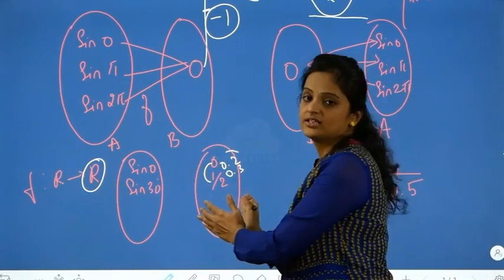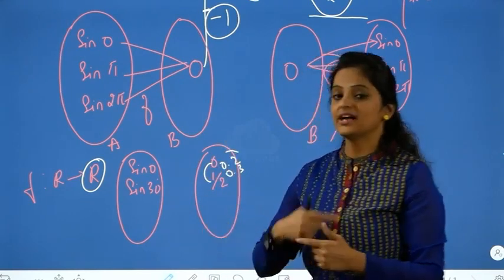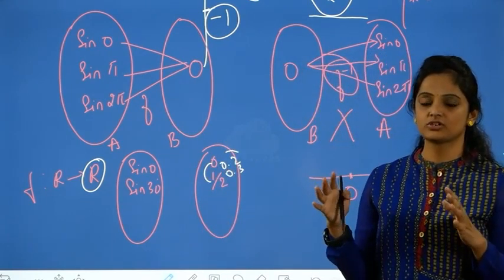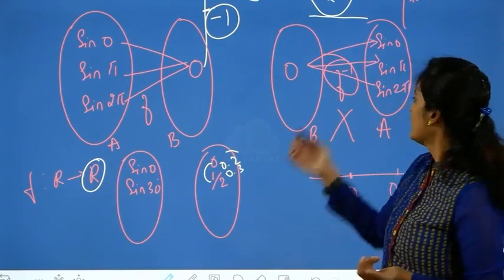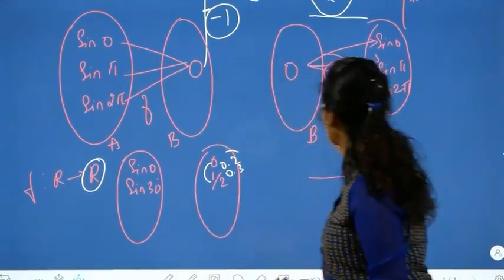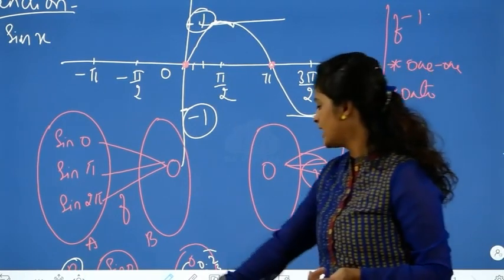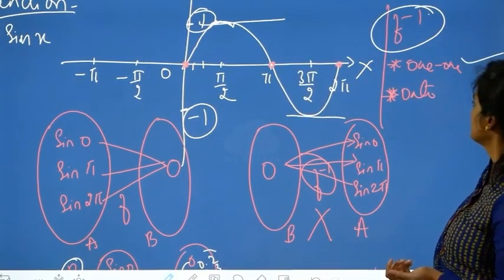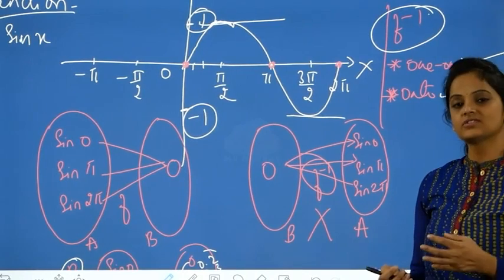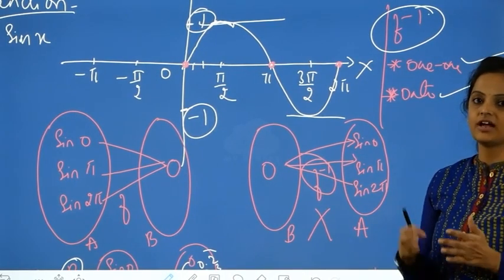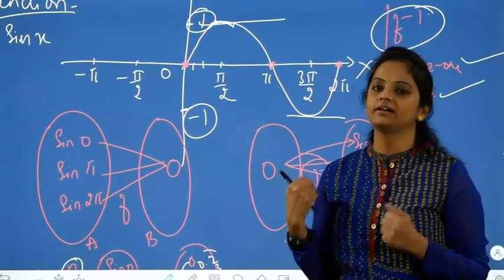I have to restrict it. From that, the whole idea of inverse trigonometric functions has arrived. Why does it have to be one-one? Why does it have to be onto? Because of F inverse. If it has to be F inverse, then it has to be one-one and onto. That is why we have this restriction, and that is why we have something called domain and range here.